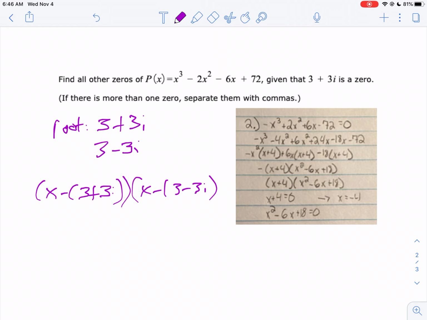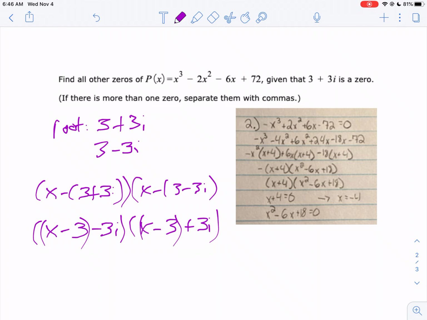If I distribute my negative sign, I'm going to treat this as x minus 3 minus 3i and x minus 3 plus 3i. So in other words, I have a difference of squares.